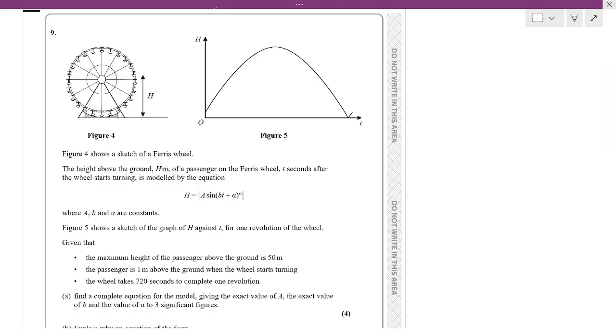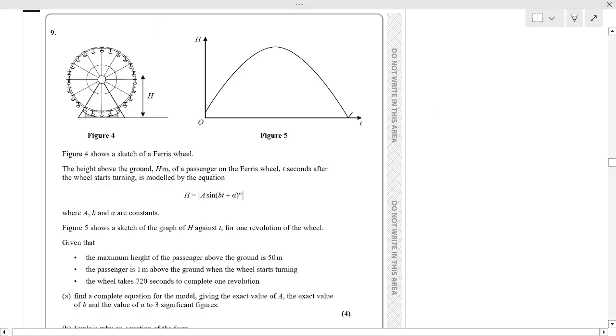We're given this curve here, which represents the height of the Ferris wheel above ground, and it's given by this function. What we need to do is find a, b, and alpha. It's fairly typical: we are given some data, some information, some conditions, and then we need to convert this into maths to find a, b, and alpha. And that's what we're going to do.